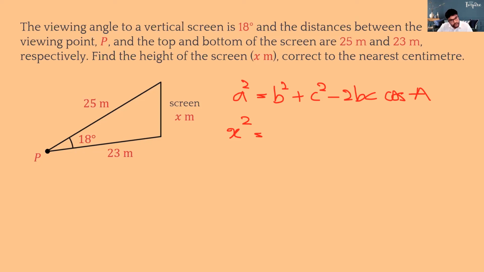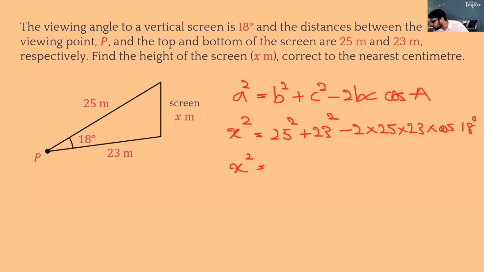So x squared equals 25 squared plus 23 squared minus 2 times 25 times 23 times cos 18 degrees. Then x squared equals 1154 minus 1150 cos 18.